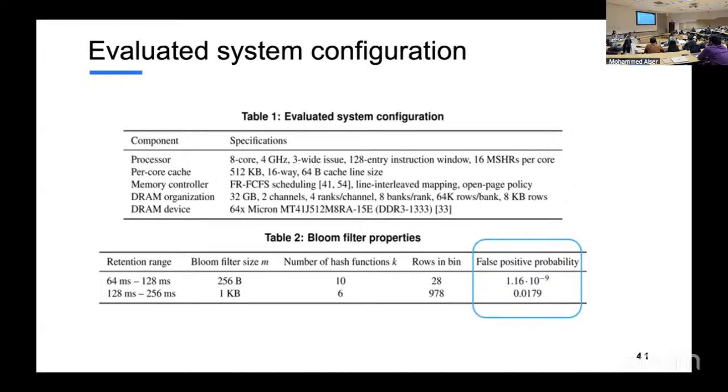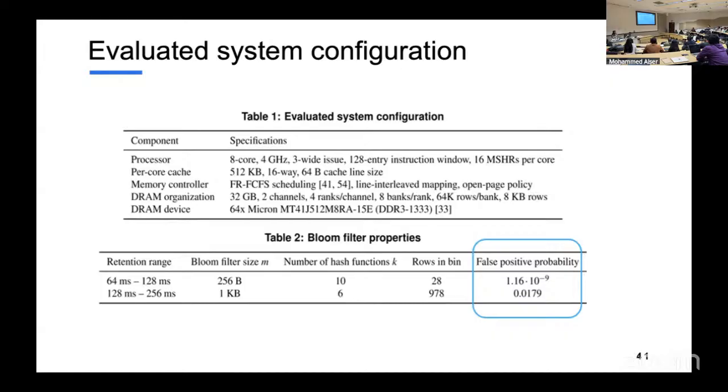They have distributed the number of entries evenly to keep the error probability very low. For the 64 to 128 range, the rows are 28, which is a very small number. That means we only need to refresh 28 bins, which are in the range of 64 to 128 milliseconds.